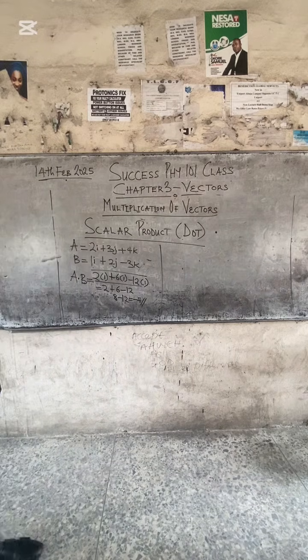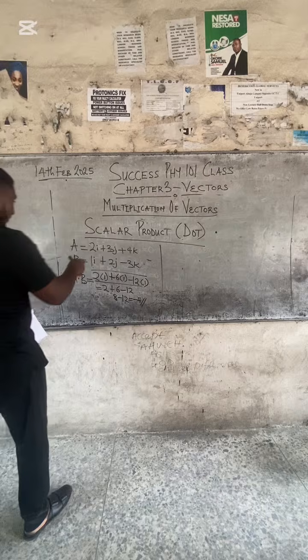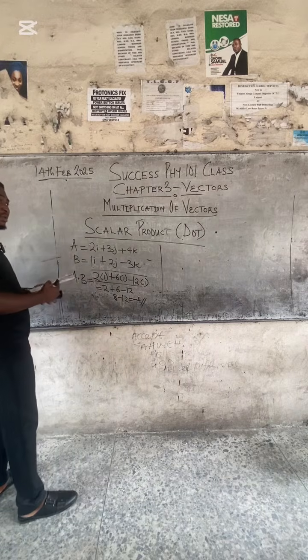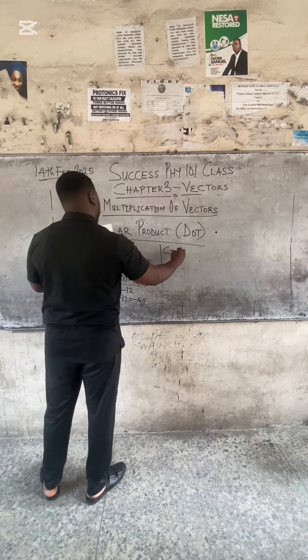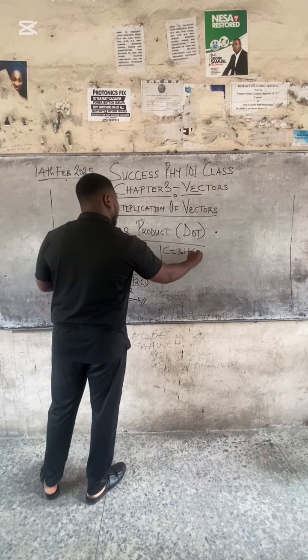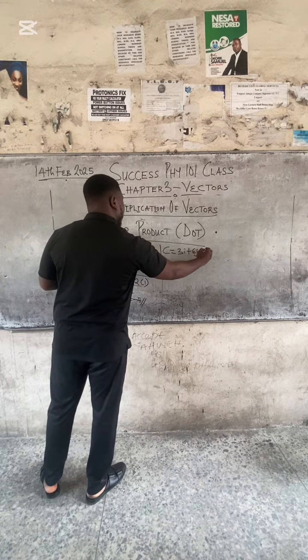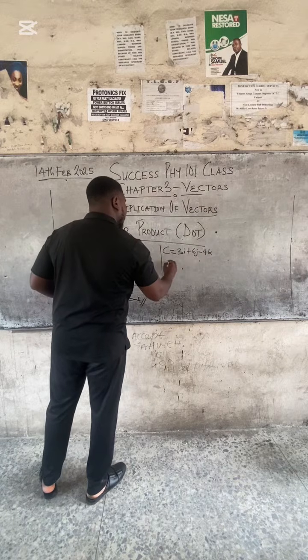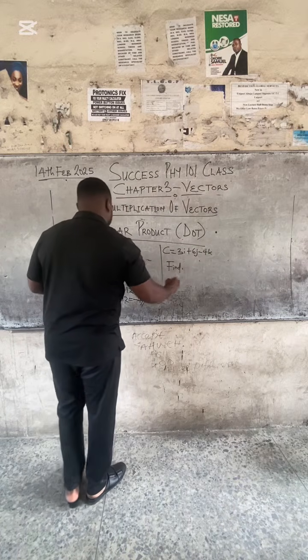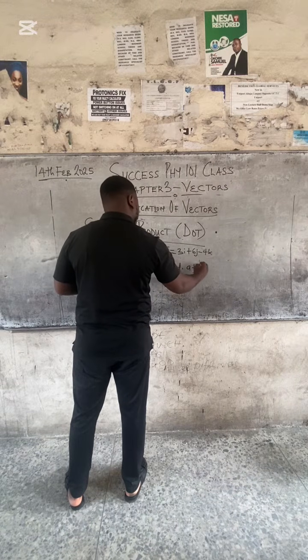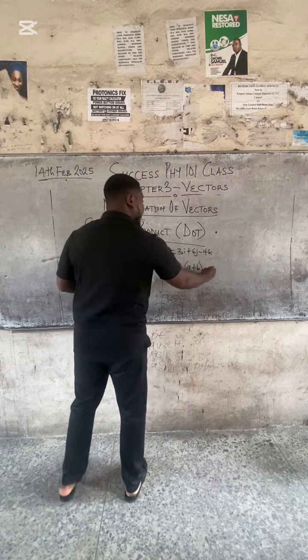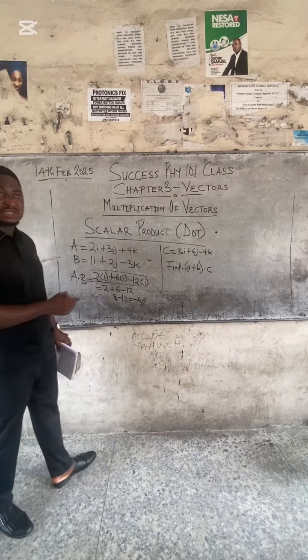Class, I'd like to introduce a third vector C into this question. I'll still give you A, B, and C. Let's assume that C now equals 3I plus 6J minus 4K. Your classwork is to find A plus B dot C. If you are watching online, pause this video and do this classwork.